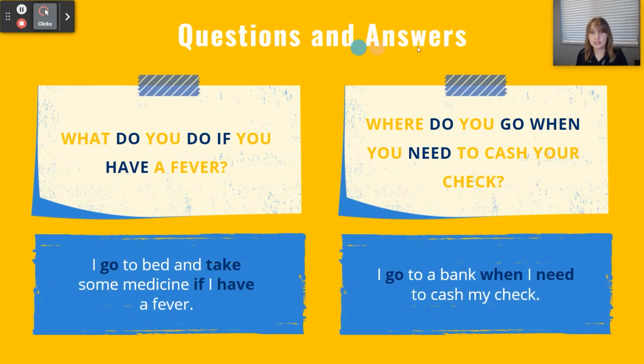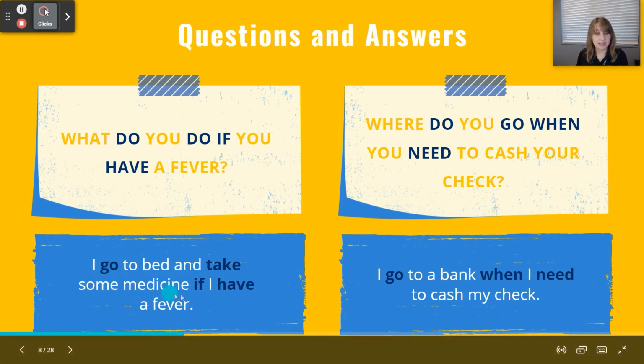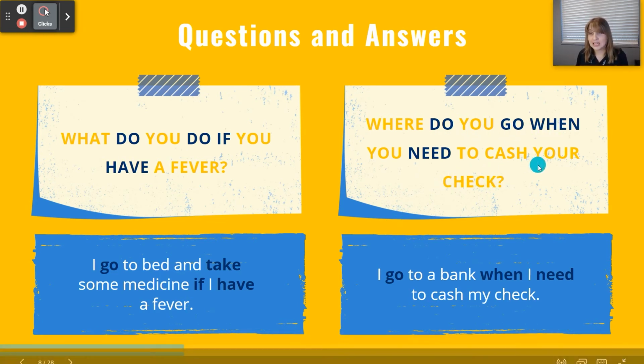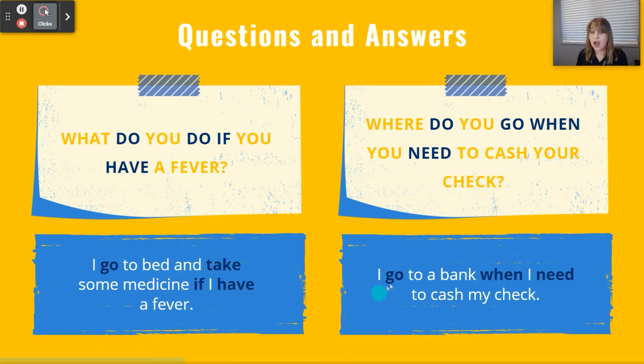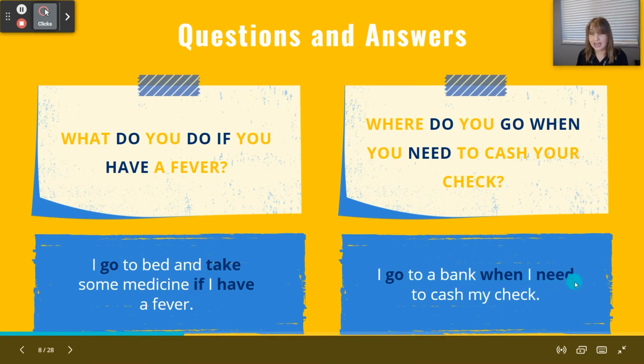Again, we have questions and answers. What do you do if you have a fever? The answer, I go to bed and take some medicine if I have a fever. So we have started with the result. I go to bed and take some medicine, and we follow with the condition, if I have a fever. Where do you go when you need to cash your check? I go to a bank when I need to cash my check.